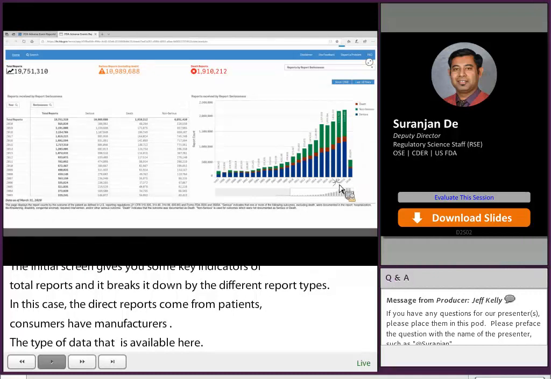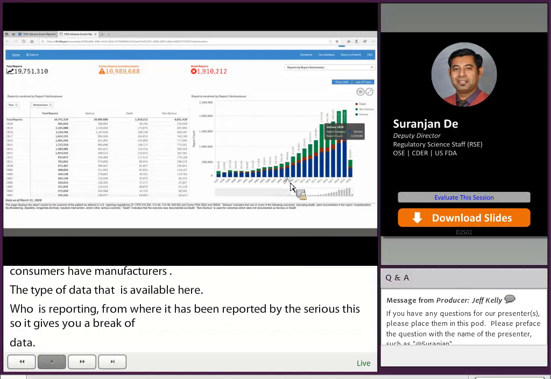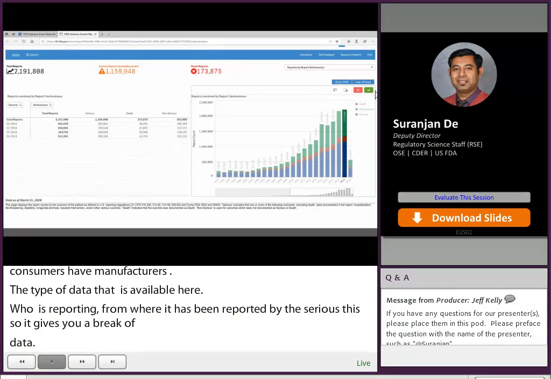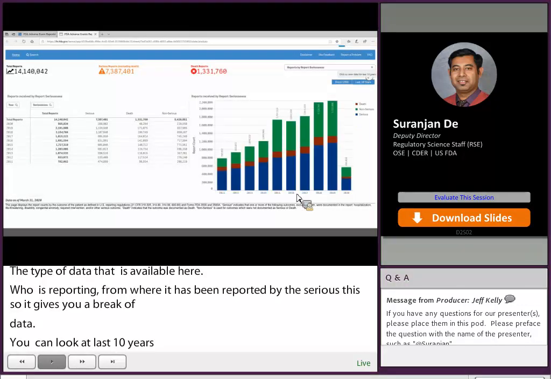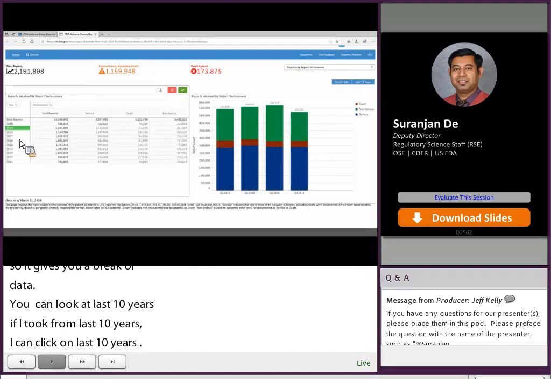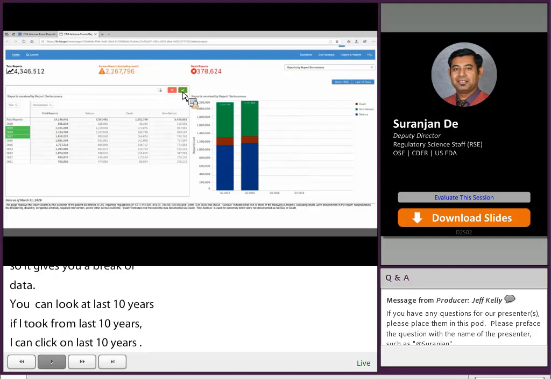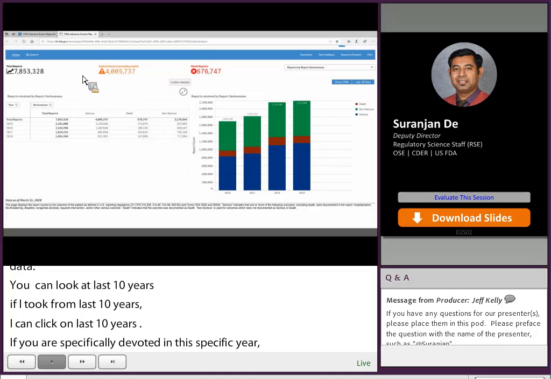If I click on the last 10 years, it shows me the last 10 years. If you are interested in specific years, you can pick those years and do your selection, and then it gives you those specific years.